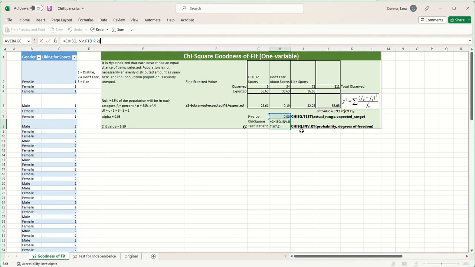You can type in the chi-square inverse function, enter the probability, and then the degrees of freedom, which was 2, and hit enter. You can see we ended up with the same outcome, 58.05, by using the chi-square function that you see here. All right, that's how you would calculate a chi-square goodness of fit test in Excel.